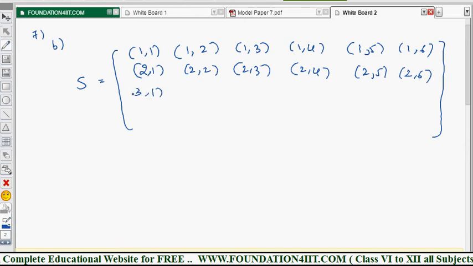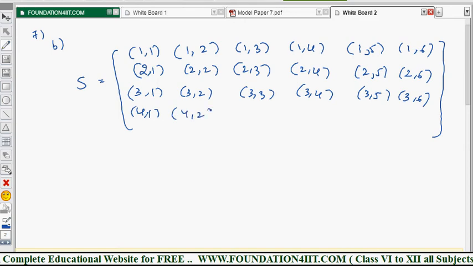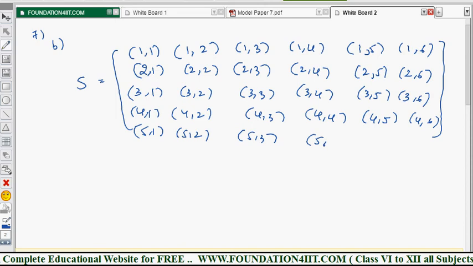And when the first is 3: (3, 1), (3, 2), (3, 3), (3, 4), (3, 5) and (3, 6). Then (4, 1), (4, 2), (4, 3), (4, 4), (4, 5), (4, 6). Then (5, 1), (5, 2), (5, 3), (5, 4), (5, 5) and (5, 6).